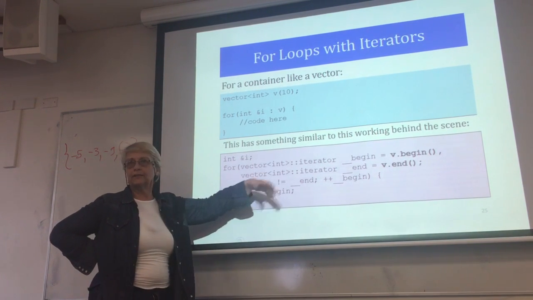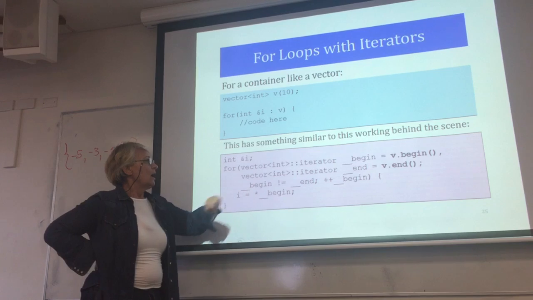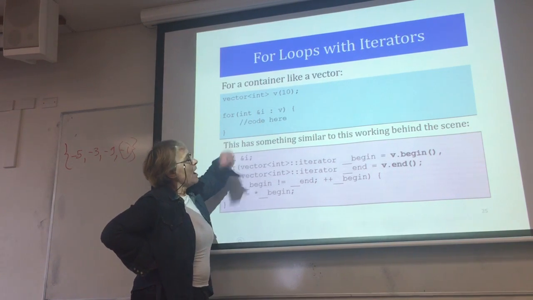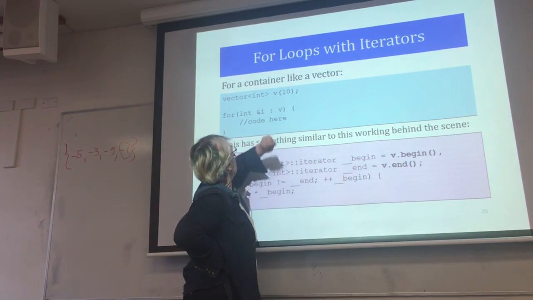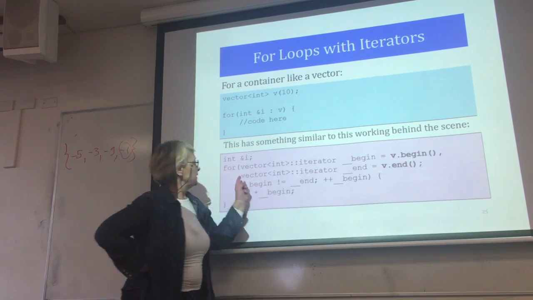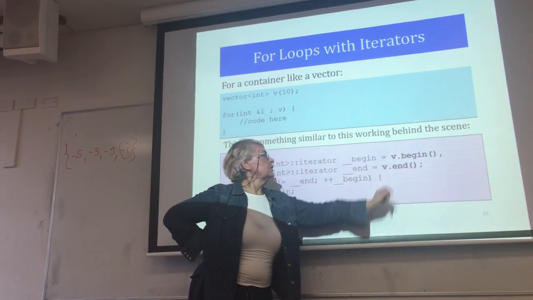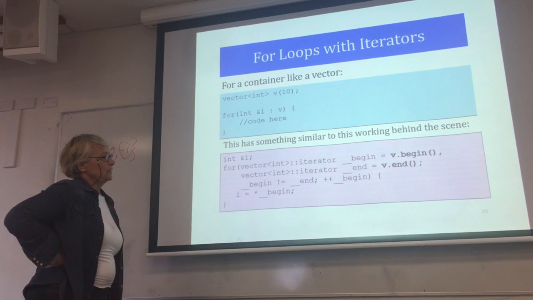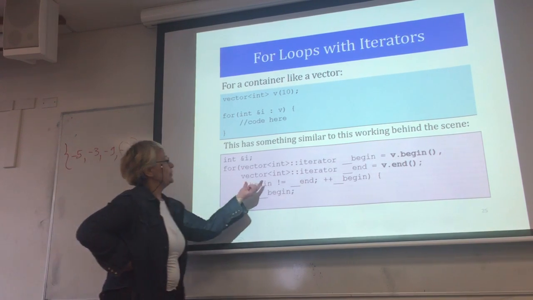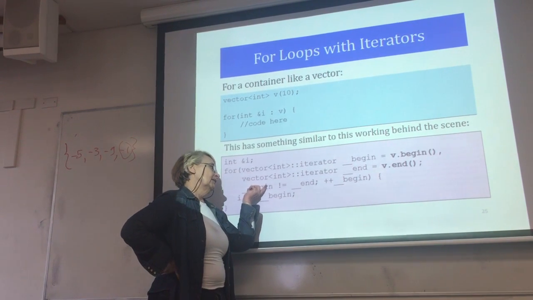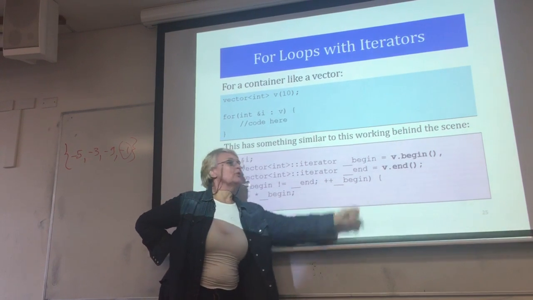It's something like this. It's a little bit more complicated. An iterator which sets I to the beginning of our vector and goes till the last element, with comparing. If begin is not end, we move to the next one.